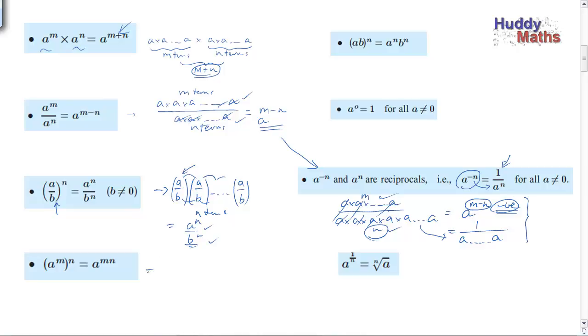Okay, and the same thing here. a to the m all to the n means multiply it by itself, so you've got n terms. Okay, n terms here. So what's that? You're going to have a total number of terms of m times n.